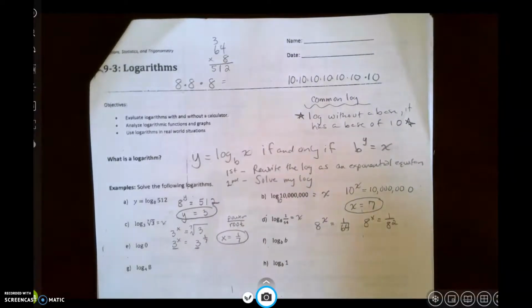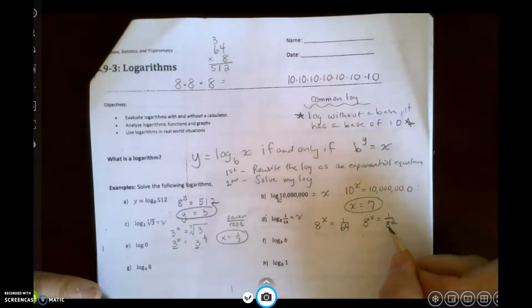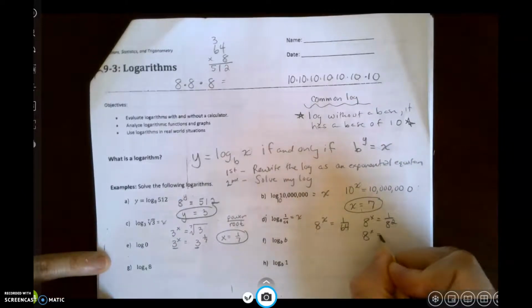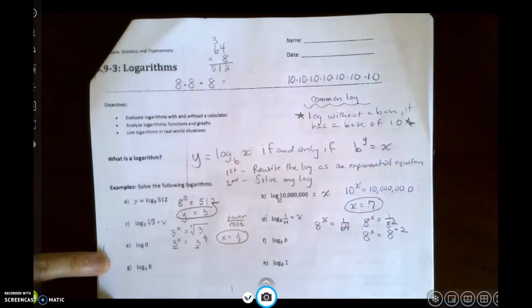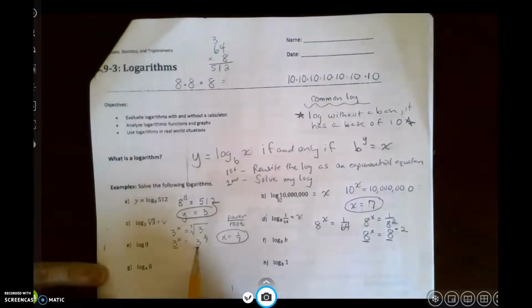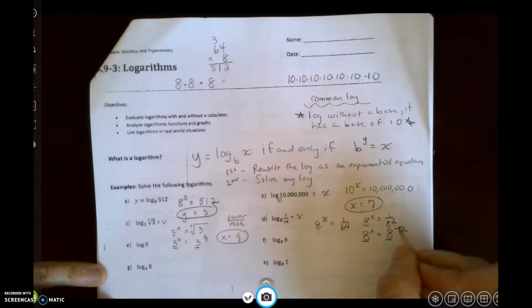Now, I haven't yet written it with the exact same base because this 8 is in the denominator. I need 8 to be in the numerator like it is here. So I'm going to say 8 to the x equals, if I cross the line and I bring the 8 up top, that exponent becomes negative. Now I have the same base, just like I have the same base here. And because they're both base 8, x must equal -2.